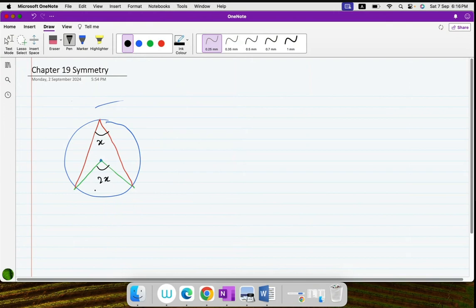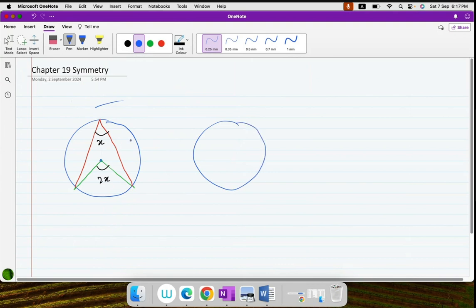Angle at center is 2 times the angle at circumference. Now we always have to recognize it, but it appears in different forms.